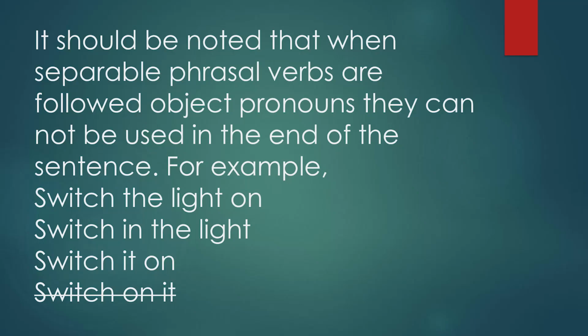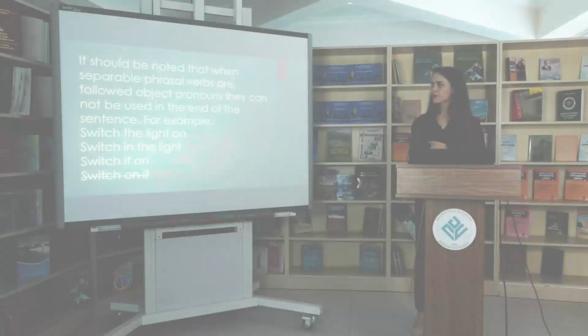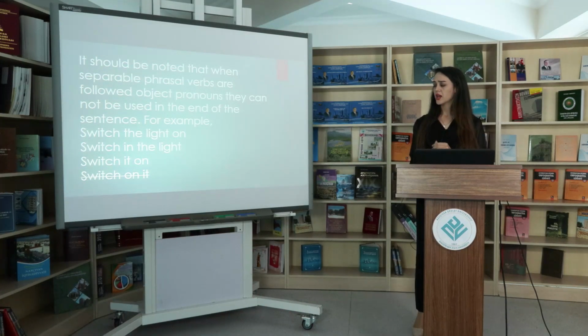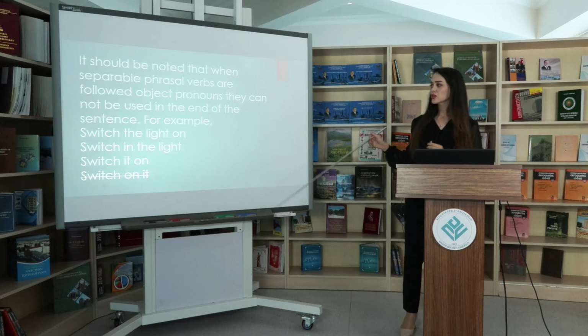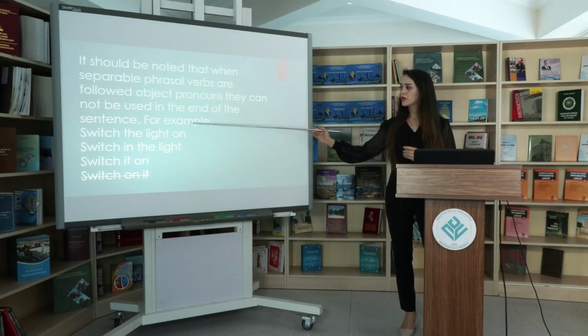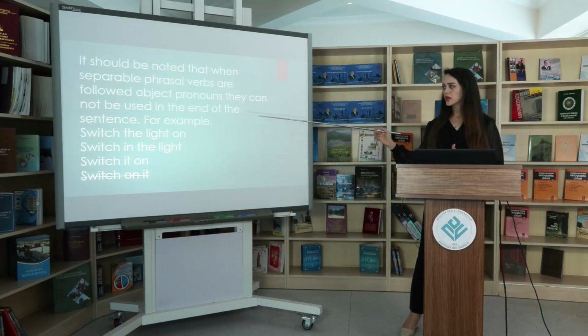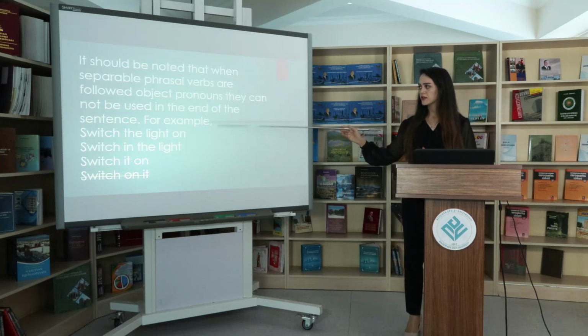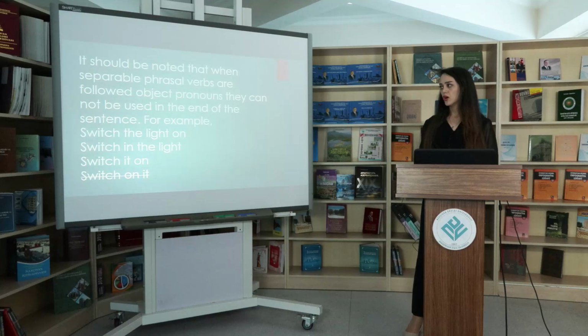Then, as I mentioned before, there are object pronouns or nouns, and when we use them with separable phrasal verbs, we should pay attention to their roles in the sentence. For example, I chose this example: switch the light on.